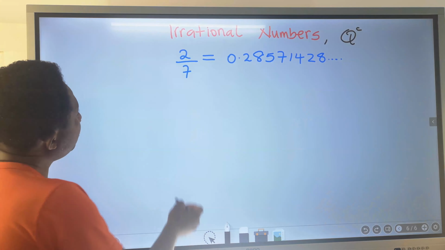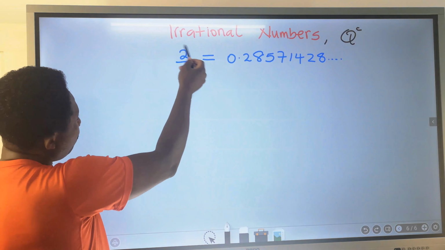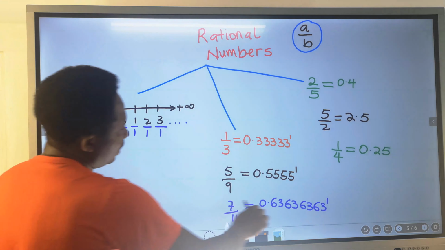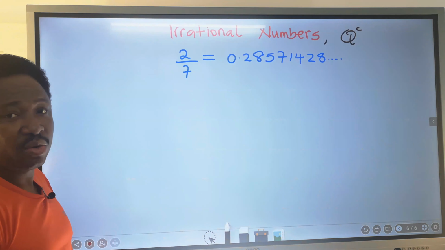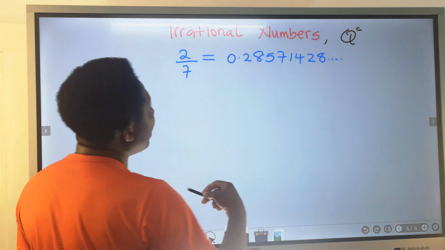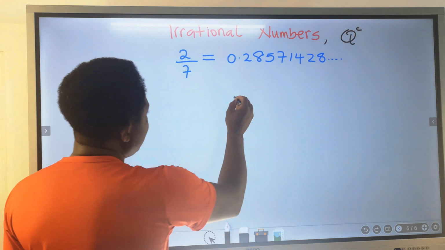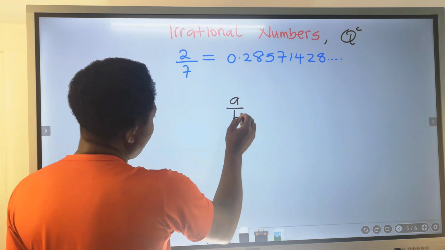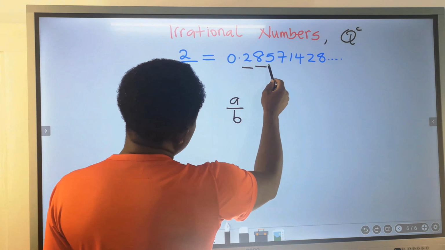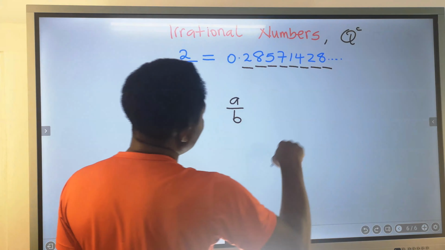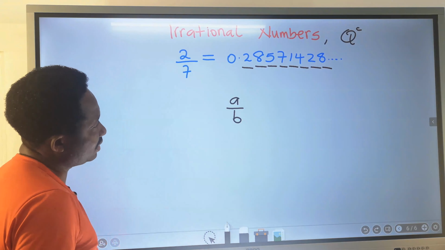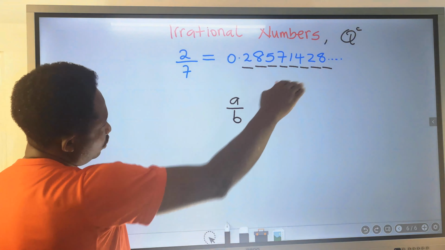When you divide any variables in the form of A over B, and you cannot achieve this, then we say that such a number cannot be represented in the form of A over B. That is, if you check the values generated here, they are not reoccurring. They don't have any similarities as they continue.